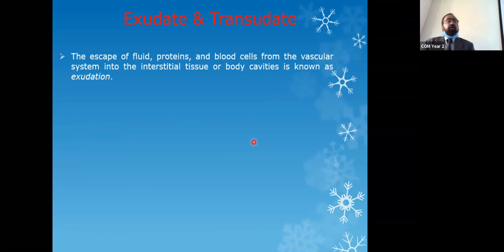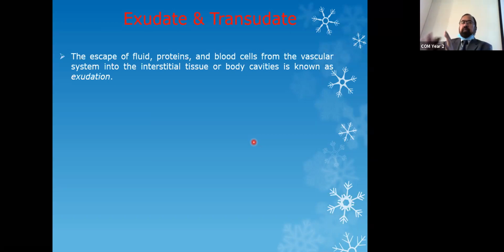Before doing that, we should learn what is exudate and what is transudate. Exudation means the movement of fluid, protein, and blood cells from the vascular system into the interstitial tissue. When these come from the vessels into the interstitial tissue, this process is called exudation. But what is exudate, and what is transudate?